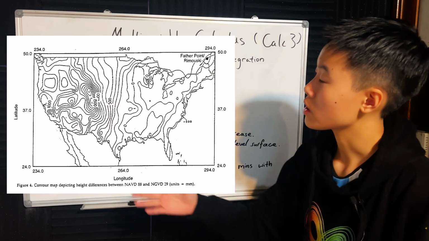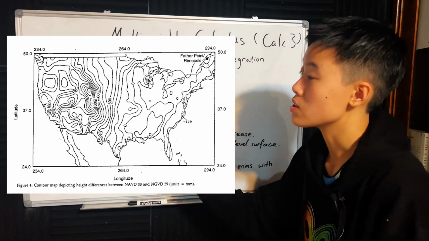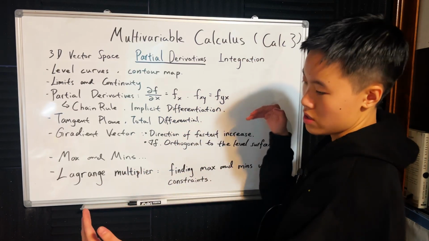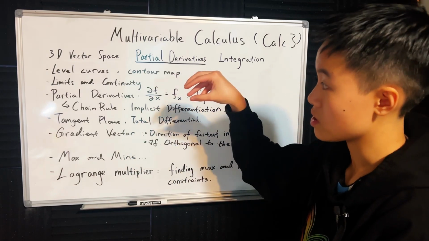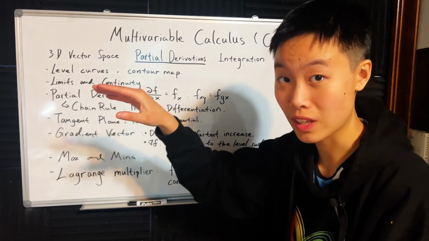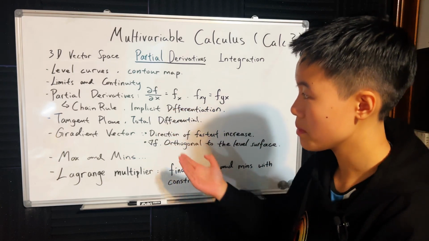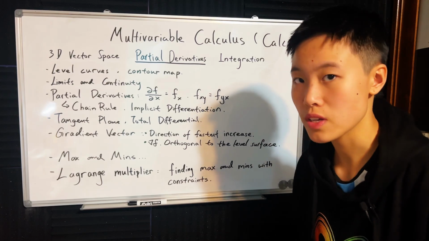And then we're going to go into limits and continuity. Limits and continuity here is different than Calc 1, where you're just on a line, asking whether the limit exists at a point on that line. So you just test the right-hand limit and the left-hand limit, and you'll be able to know if the limit exists or does not exist.